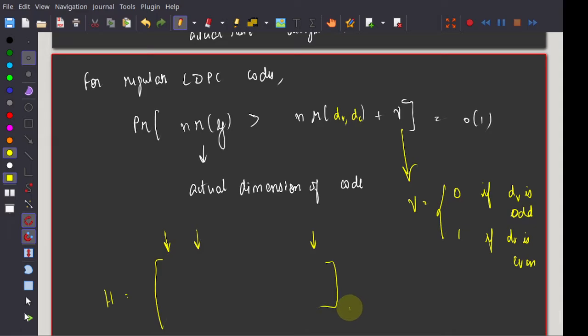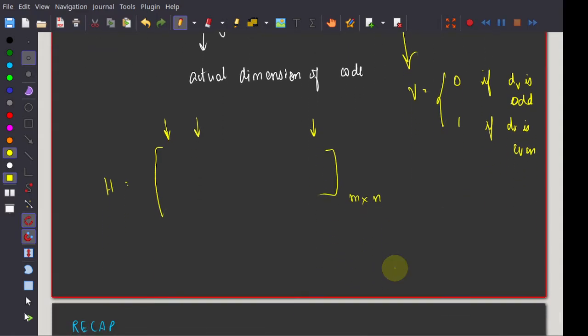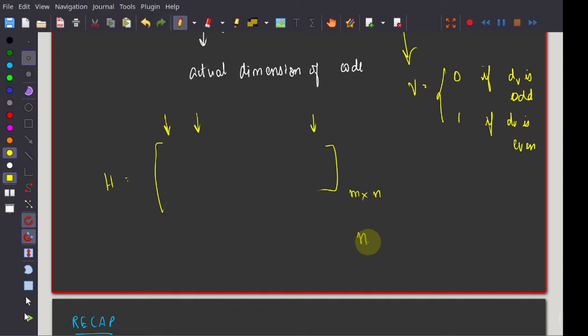If this is an m by n matrix, then the actual dimension is never less than n minus m, but it could be n minus m plus 1. And the probability that it is greater than n minus m plus 1 is vanishingly small. That's the only statement that we make here.